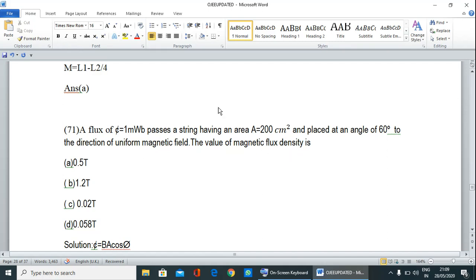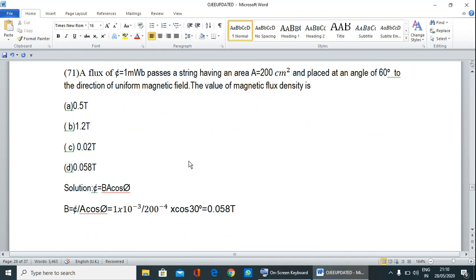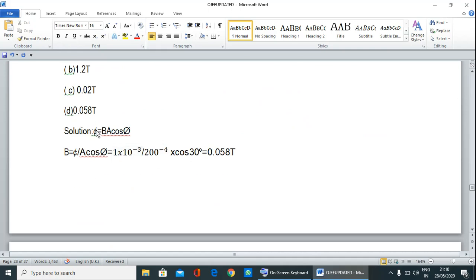This is also a very simple question, but it looks very complicated. So phi is equal to BA cos phi, or flux density B is equal to phi by A cos phi.